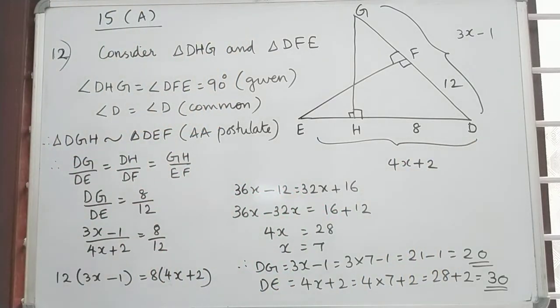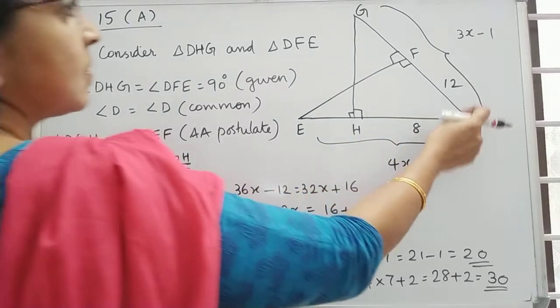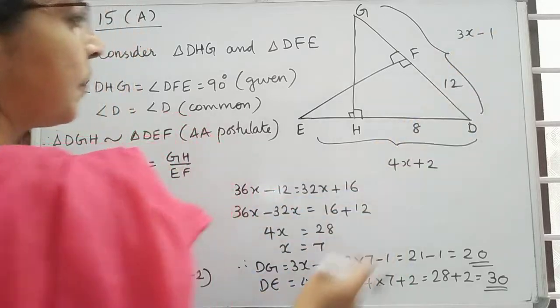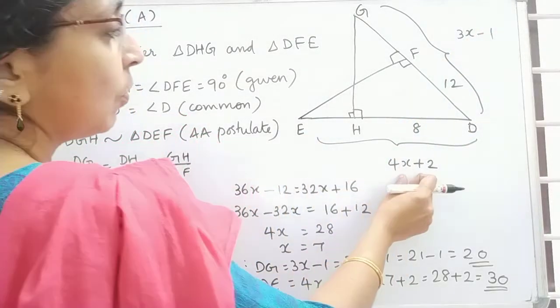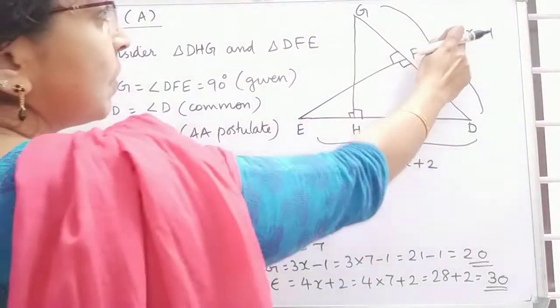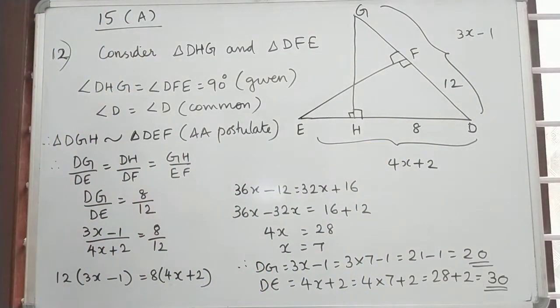We want to calculate the length of DG and DE. DG means we want to find out 3x minus 1. DE is we want to find out 4x plus 2. So for that first we want to find out the value of x.